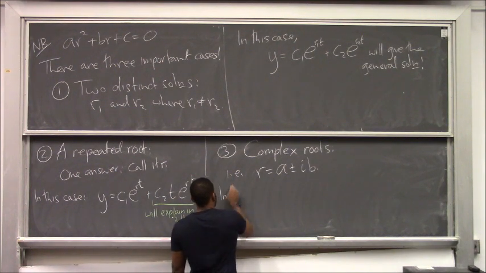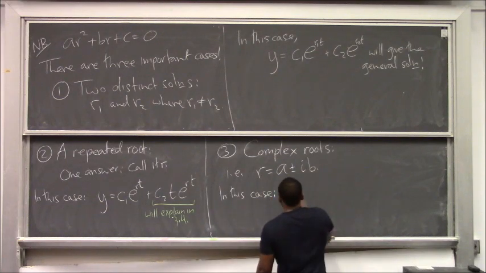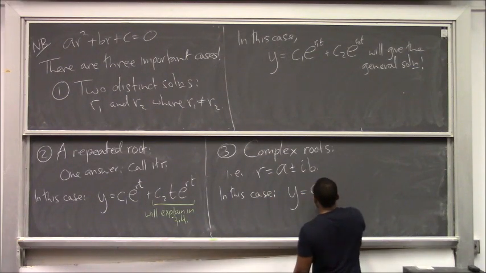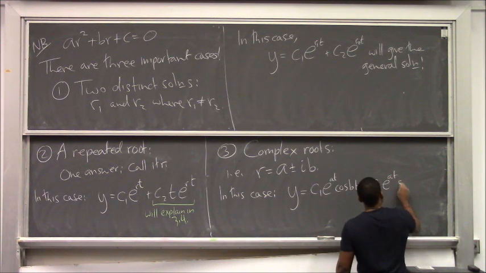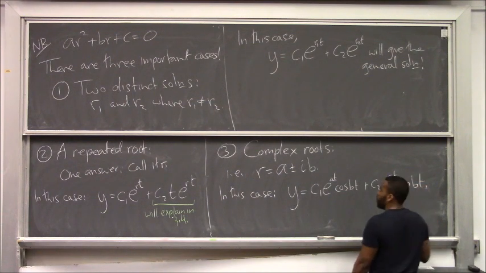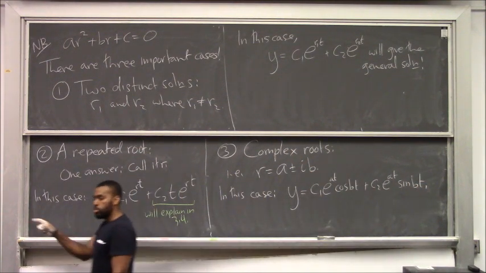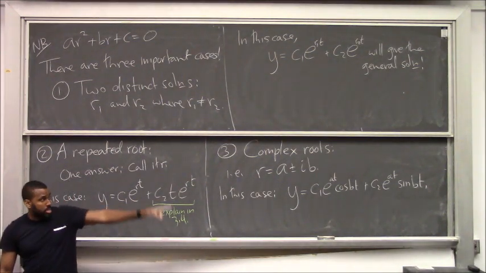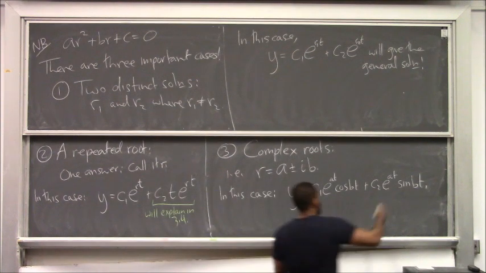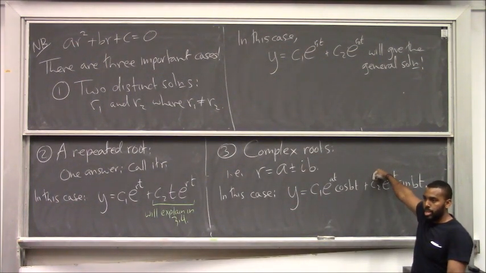And in this case, the general solution is given by c1 e to the at cosine bt plus c2 e to the at sine bt. Why is that? Because of the thing we showed you earlier. Once you plug a complex number into the power, using Euler's formula, it's going to expand into something like that. There's going to be an i here, but i is a constant for all intents and purposes, so I absorb that into the c.